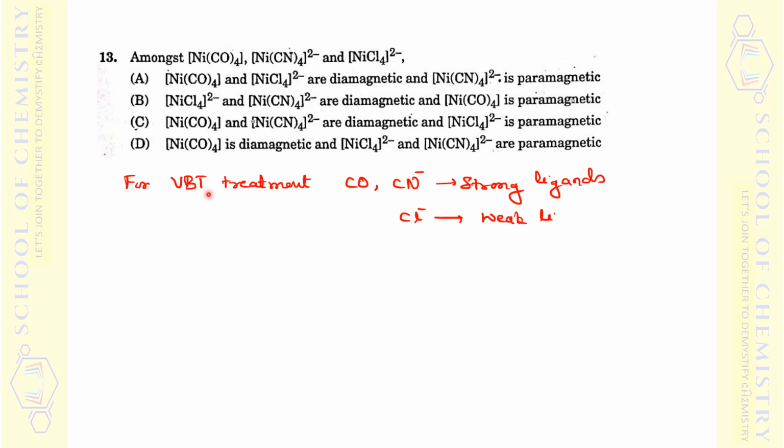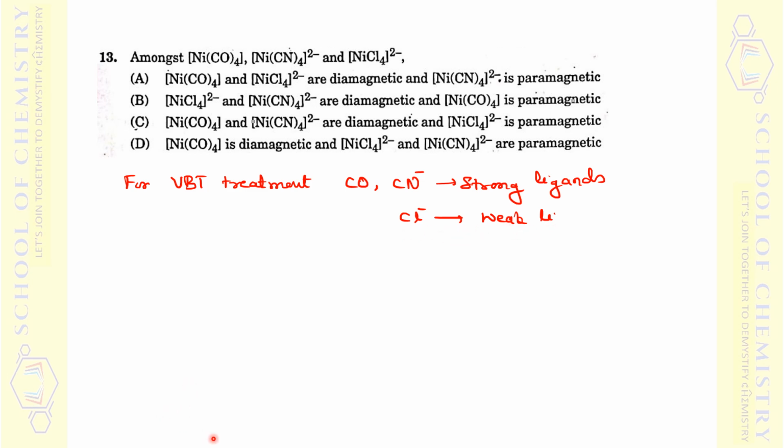So first we should know this fact. In fact, VBT treatment has no clear distinction between strong and weak field ligands, but for our convenience, most of the time we treat the coordination chemistry of VBT complexes considering strong and weak field ligands. So according to that, carbon monoxide as well as cyanide can be considered strong ligands, and Cl- is considered a weak ligand.